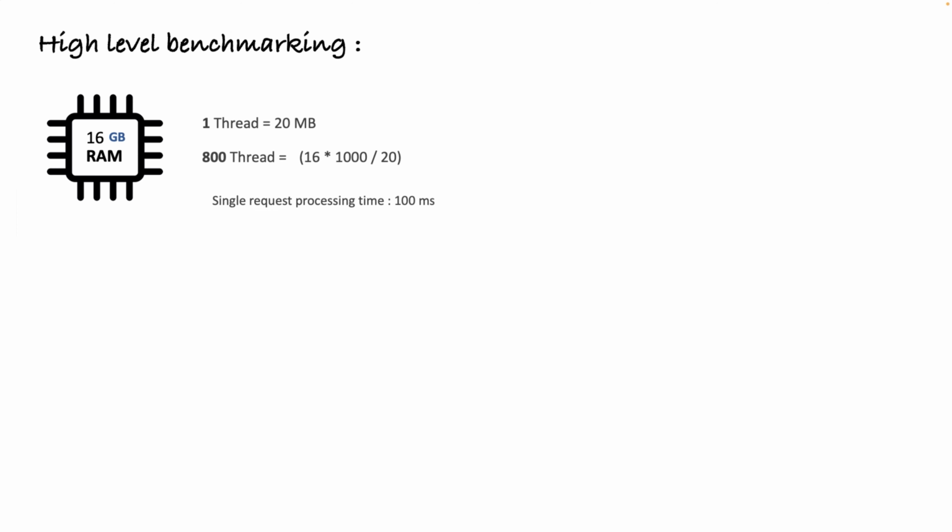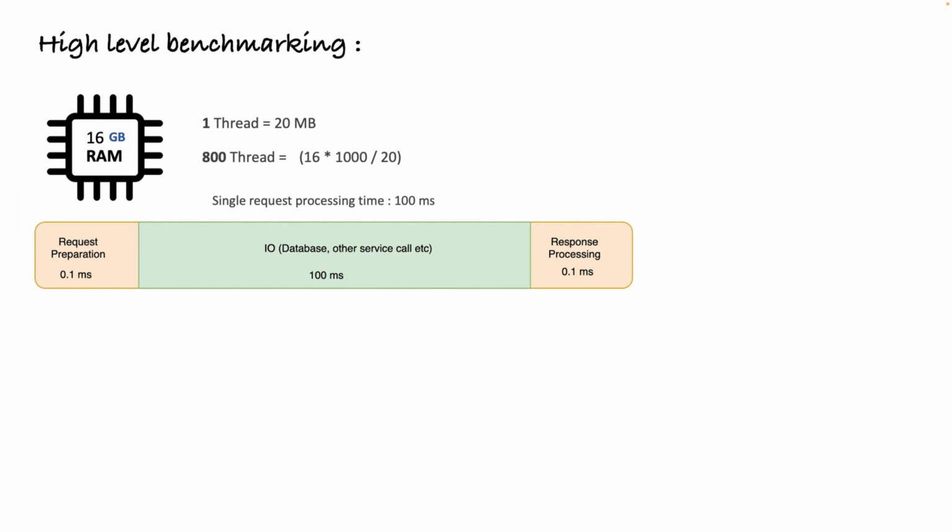Now let's assume that to process a single request, my system takes 100 milliseconds. 0.1 millisecond for request preparation, 0.1 millisecond for response processing, and the entire time it takes is 100 milliseconds to process one single request. Now let's assume I have received 800 concurrent requests.